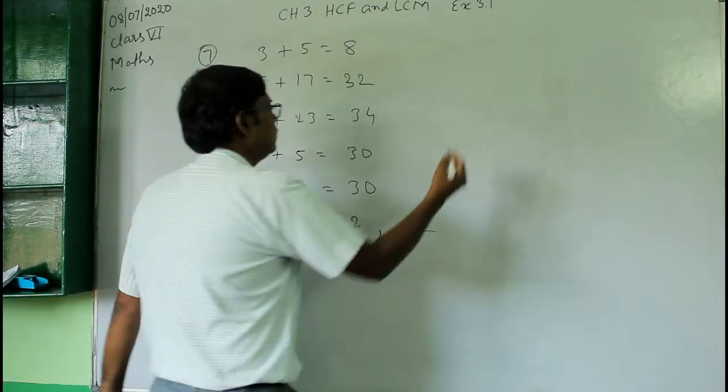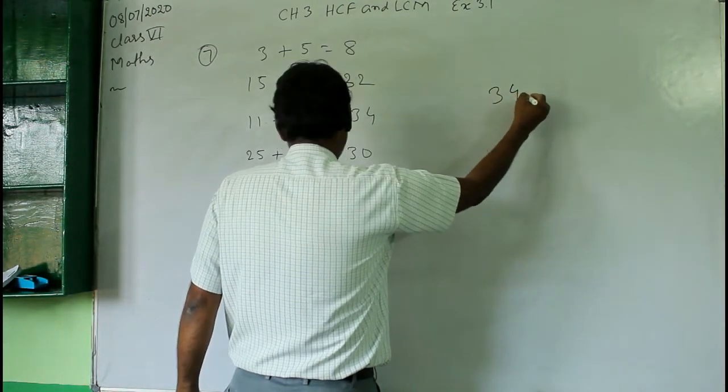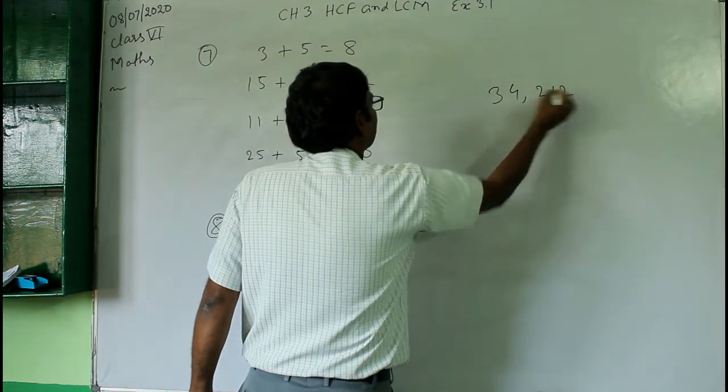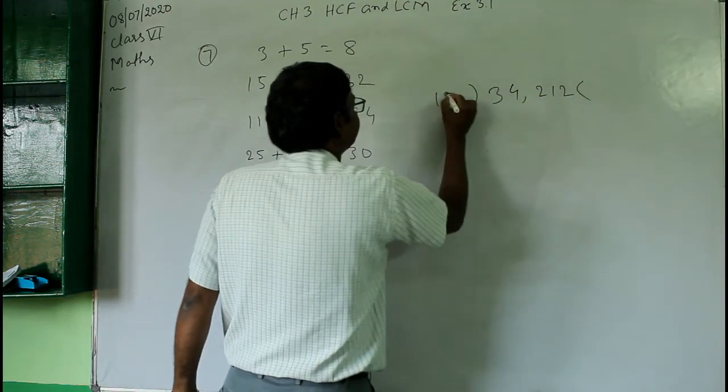So let us divide 34,212 by 12 and find out by division.